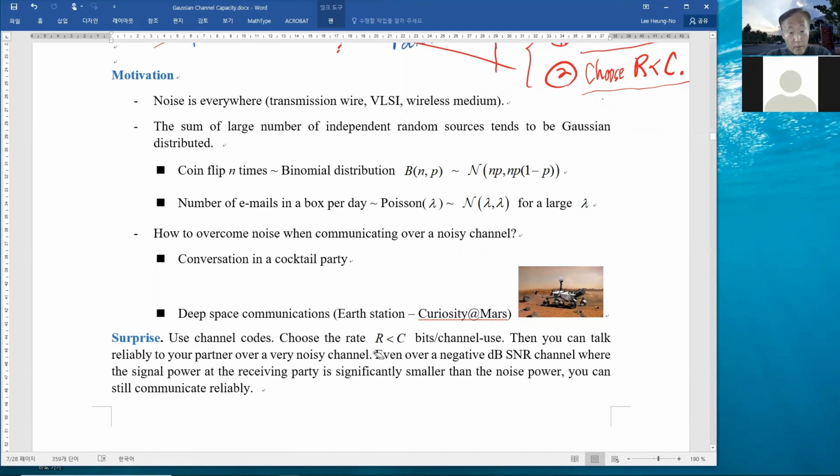So choose the rate small enough so that the probability of error can be very small.